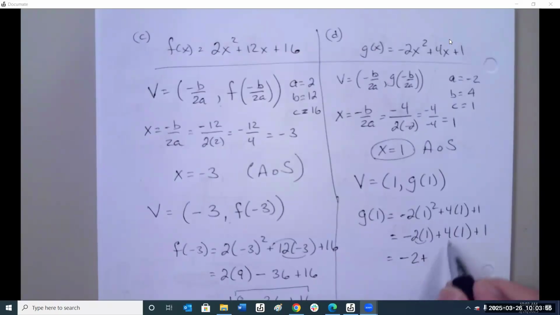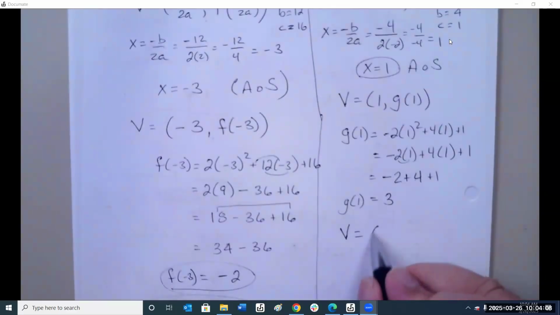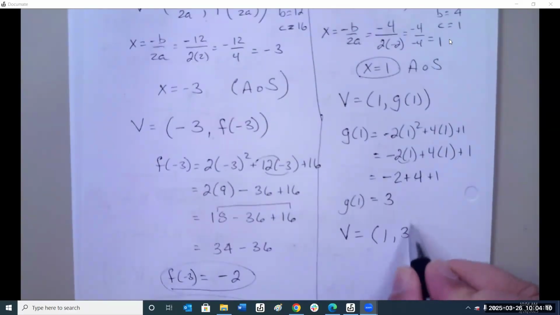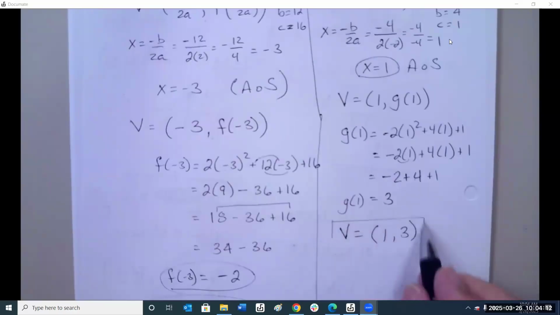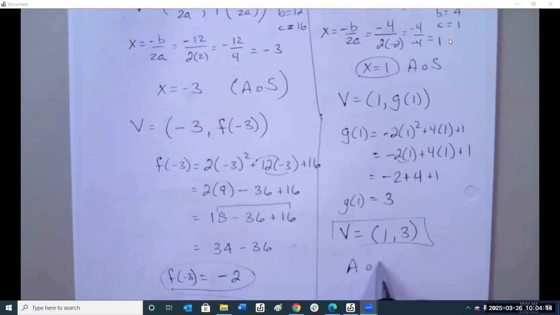They're both positive, 4 times 1 is 4. -2 plus 4 is 2, plus 1 is 3. So my vertex is (1, 3), and the axis of symmetry is x equals 1. Pretty straightforward.